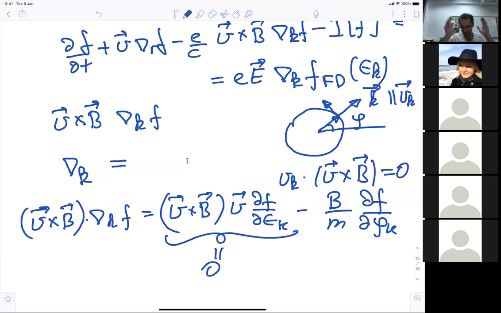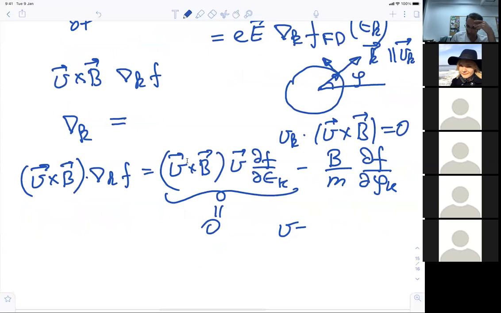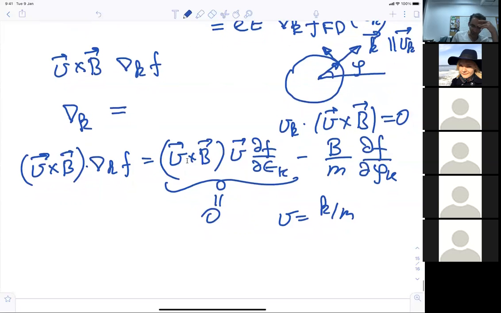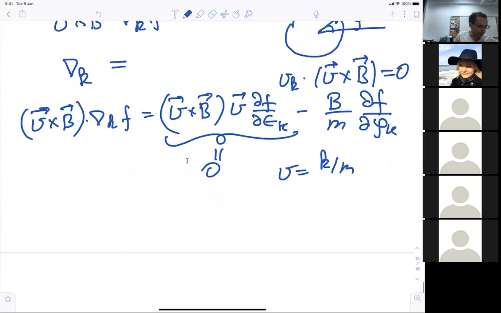So just a simple representation of the gradient in polar coordinates, and the notion that velocity is k over m. Once you substitute this, you will see that this term simplifies into the result that I wrote.